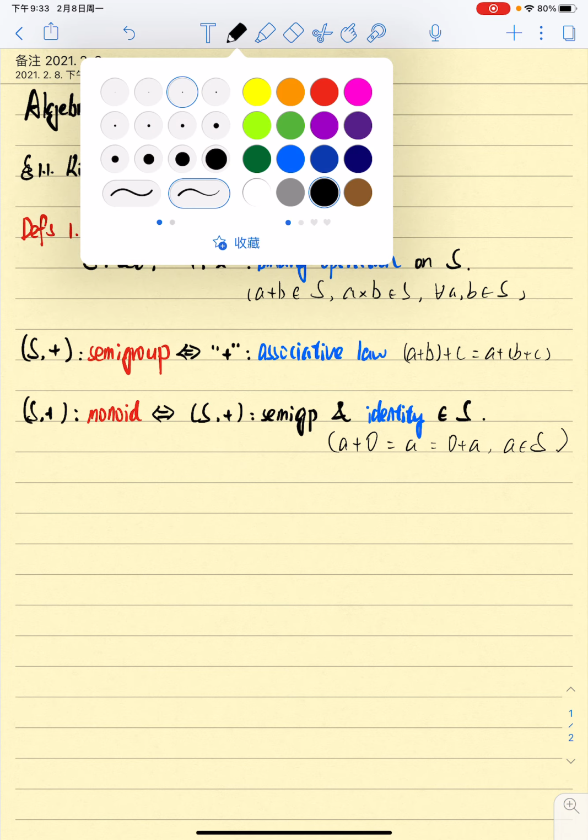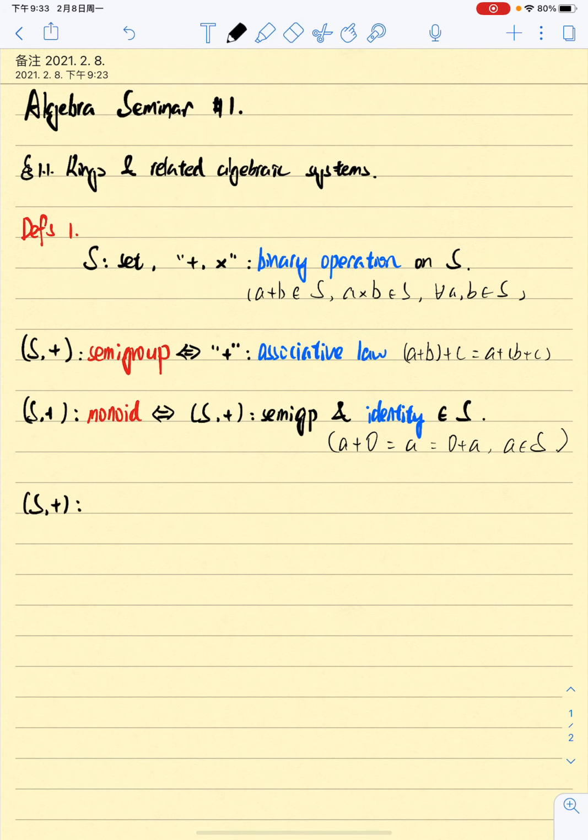And we call the system S a group if it is a monoid and every non-zero element has an inverse.